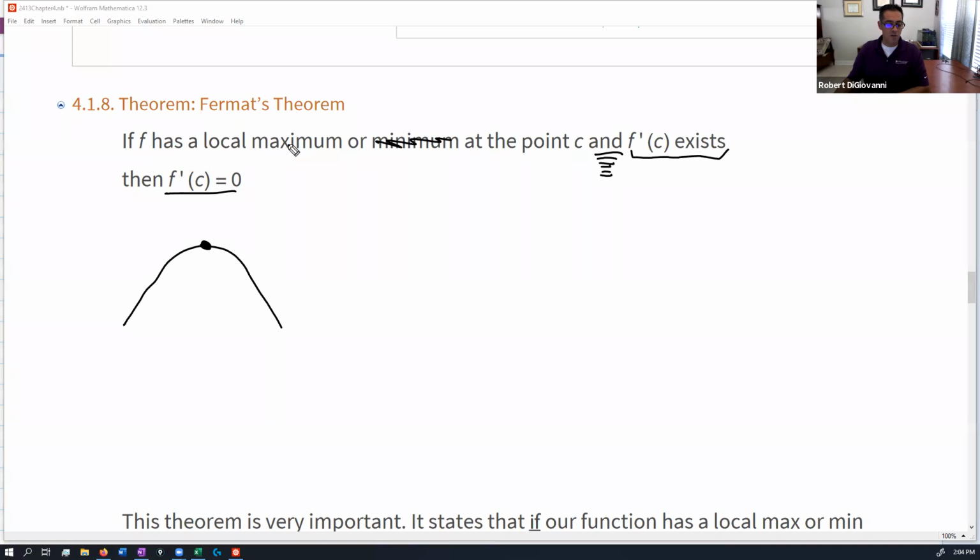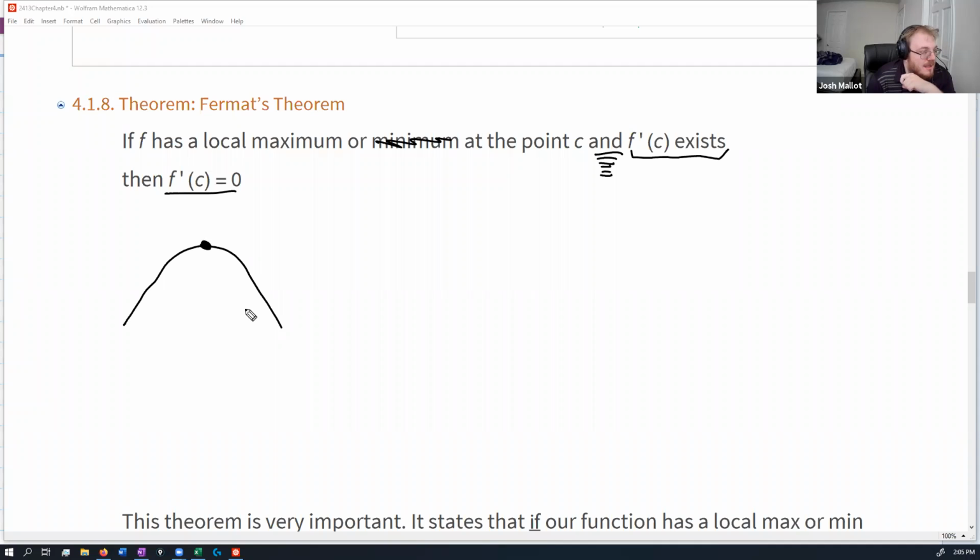If f has a local maximum at some point C, and the derivative exists. So the derivative exists here. Why does, from my picture, why does the derivative exist? Because the function is flat at that point. Yes, but maybe I should ask this. When do we have problems with derivatives existing? Where do derivatives fail to exist?